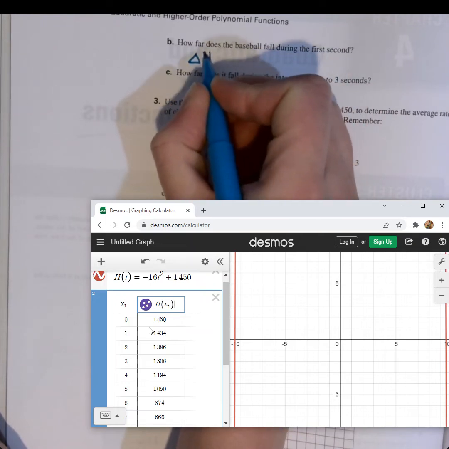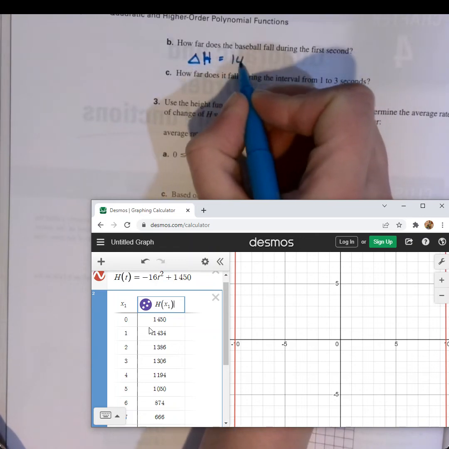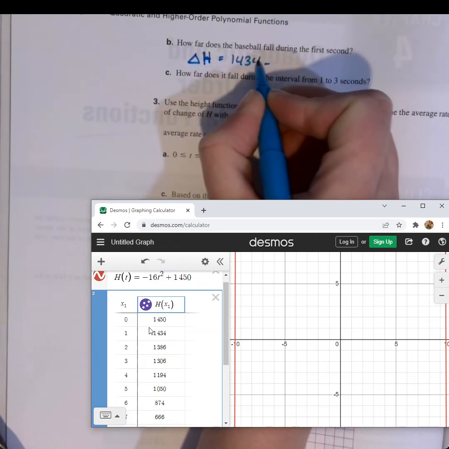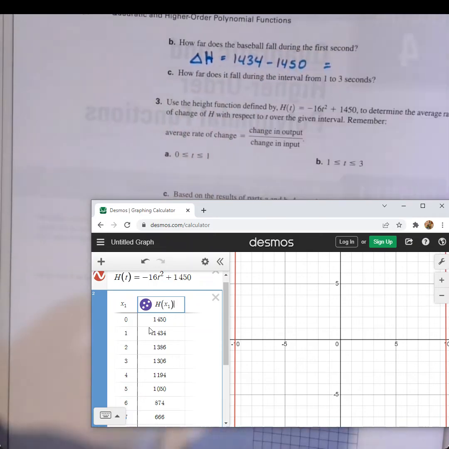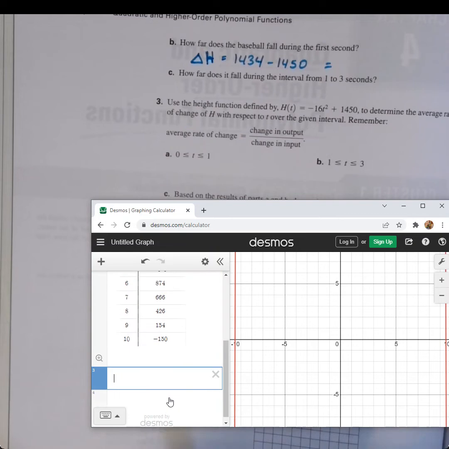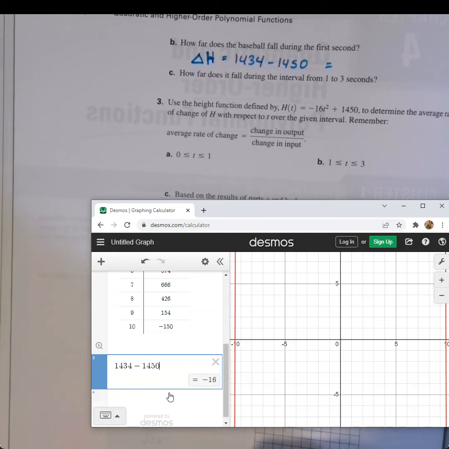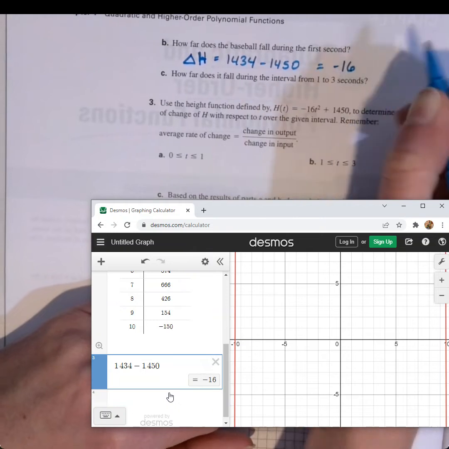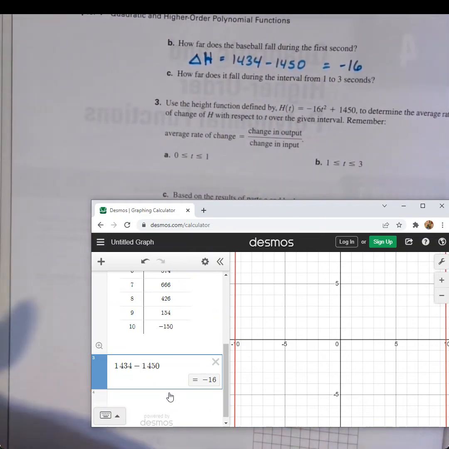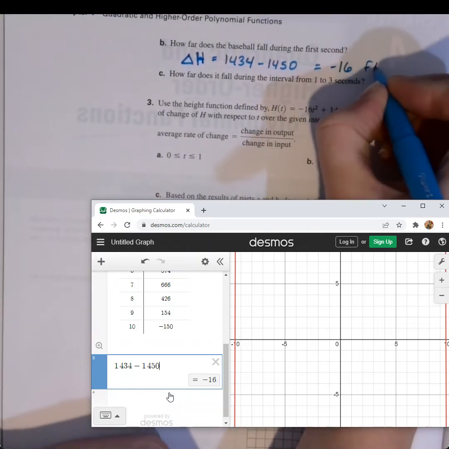I guess it was capital H in the previous page, the change in height. So the final height, which is 1434 for the first second, minus the initial height, which was 1450, is going to give us the change in height that we're looking for right here. So if we calculate that difference, 1434 minus 1450, it'll help us determine that we fell 16 feet. The negative signifies, of course, that it's a fall rather than a rise of 16 feet. So we fell 16 feet.